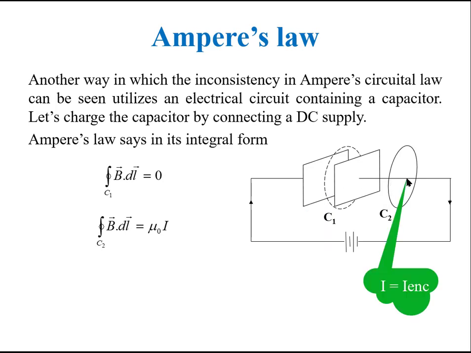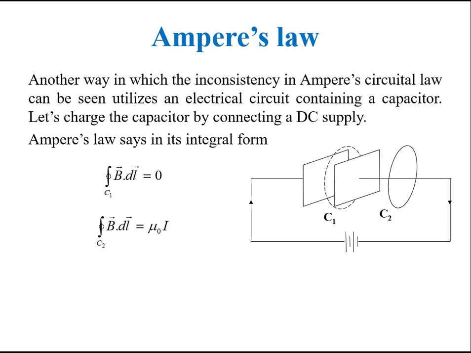But the loop C2 does have a current I drawn by the battery in the circuit. Now, the Ampere's law in integral form for both the loops reads this equation and this equation. Here I enclosed is the current drawn by this battery using the flow of electrons.